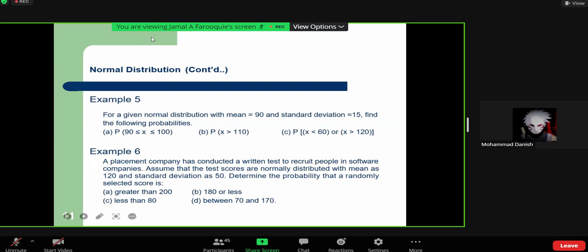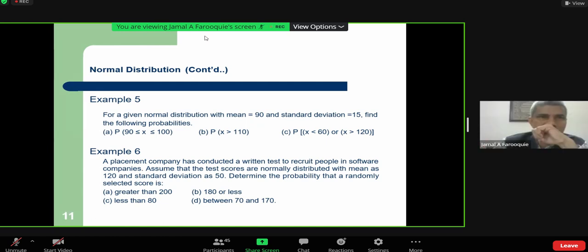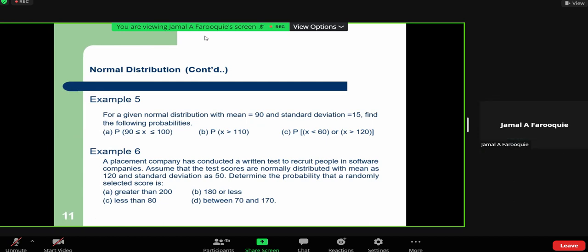So 0 and 0.67. So 0 and 0.66 or 0.67 we can say. Okay. So now we shade the required area: draw a normal curve, indicate 90 and 100, and then shade the required area.